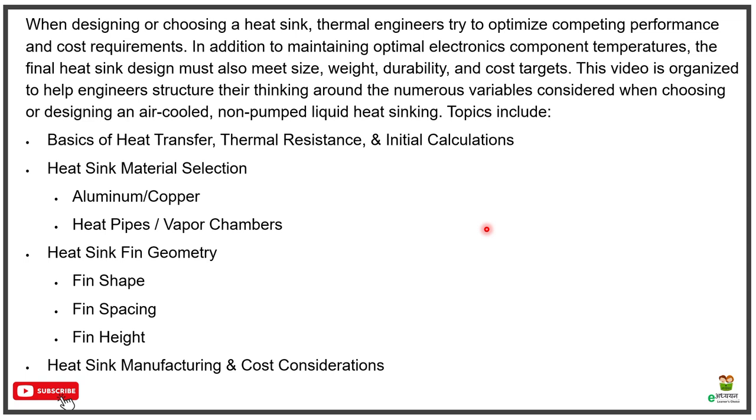Then we will cover heatsink material selection, that is aluminum or copper, heat pipes or vapor chambers. Then heatsink pin geometry, pin size, pin spacing and height. Then the final calculation of heatsink manufacturing and cost considerations.